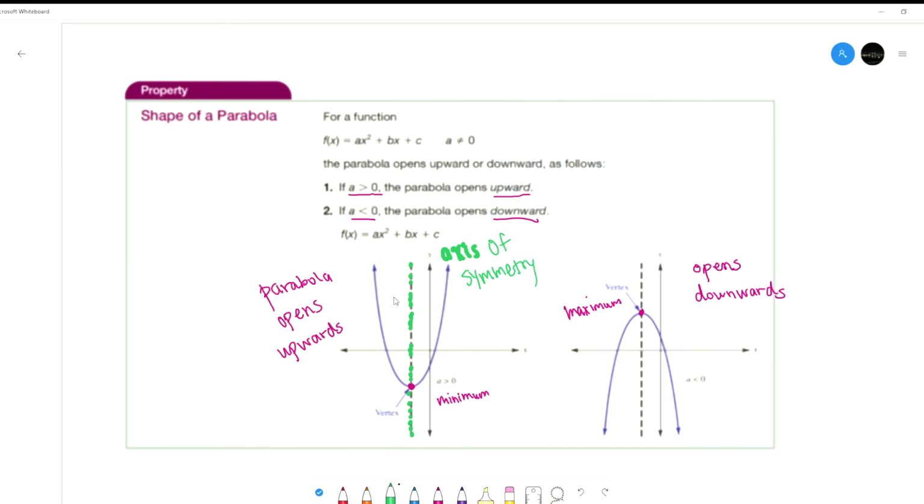What does that mean? That means this is a line that you can see the parabola is symmetric on both sides, right? So if from this line I go three units to the left, that means the y coordinate is exactly the same as if you went 3 units to the right of this axis of symmetry.